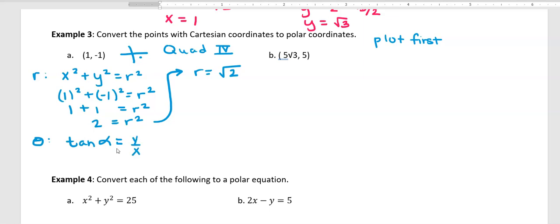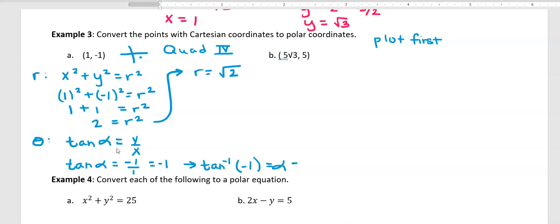So tangent of alpha in this case would be equal to -1 over 1, which is really just -1. Now we need to do inverse tangent, or arctangent. And remember, this question is asking us, at what angle does tangent equal -1?